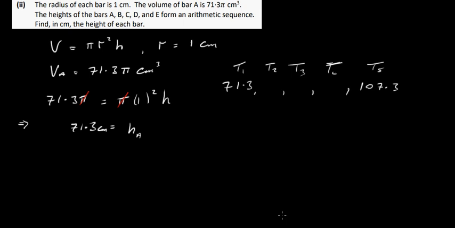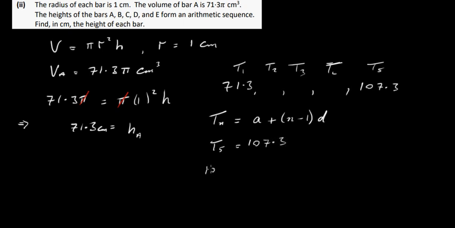Now, there are a couple of ways of doing this, but let's do the formulaic way first. We know that Tn in an arithmetic sequence is equal to a plus n minus 1 times d. Term 5 is equal to 107.3.